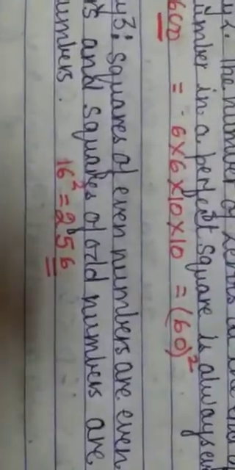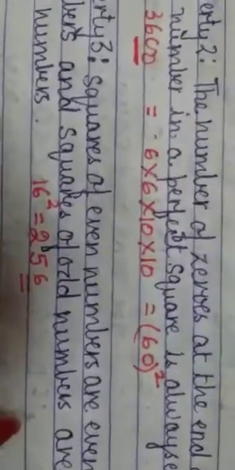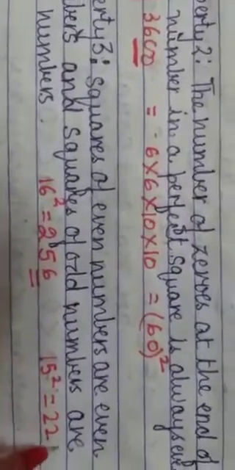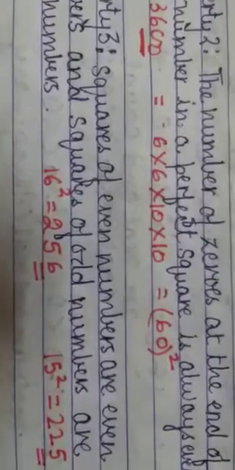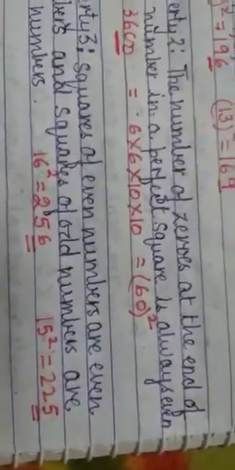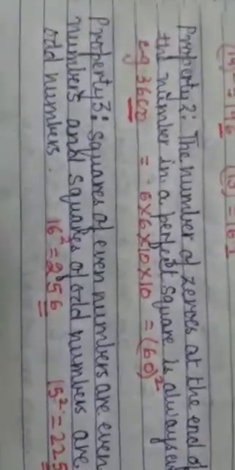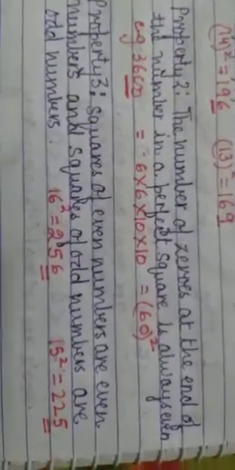It is an even number. If I take 15 square, it is coming to 225. What is at the unit place? It is odd. So the squares of even numbers are even numbers and the squares of odd numbers are always odd numbers. Is this third property also clear to you?